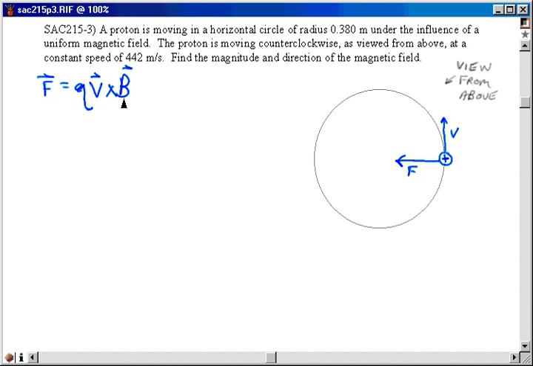And I'm supposed to get the thumb pointing in the direction of F. What I'm missing is the middleman. So I'll arrange my hand so that the answer is to the left. I've got my thumb pointing to the left with the fingers pointing in the direction of V. Now if I close my fingers, they tend to point in the downward direction. So B must be in the downward direction.